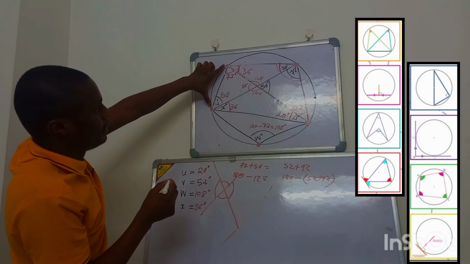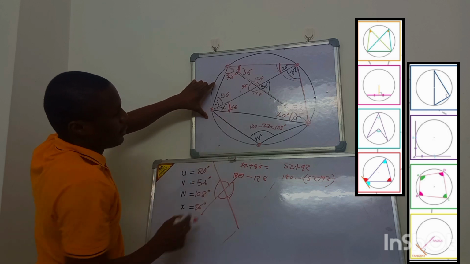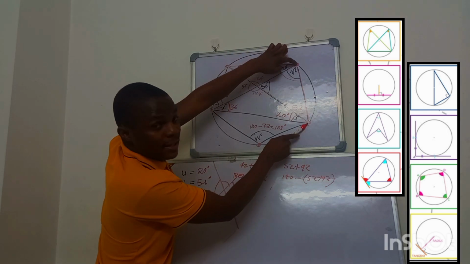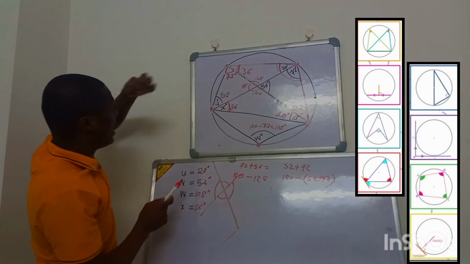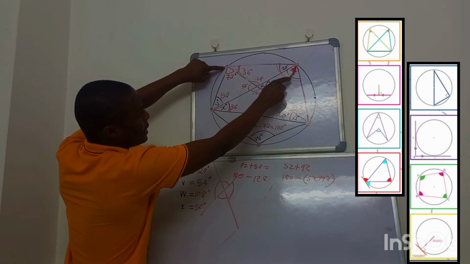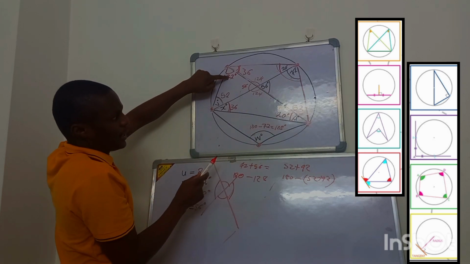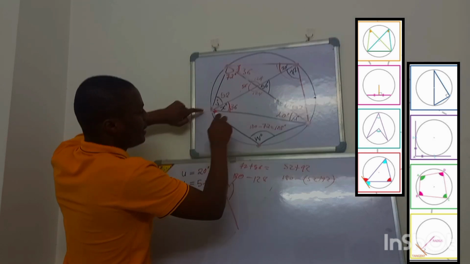Why? They are subtended by the same chord. These two angles, 36 and 36, they are equal. Why? They are subtended by the same chord. Again, 52 and 52, they are equal. Why? They are subtended by the same chord. 72 and 72, they are equal. They are subtended by the same chord.